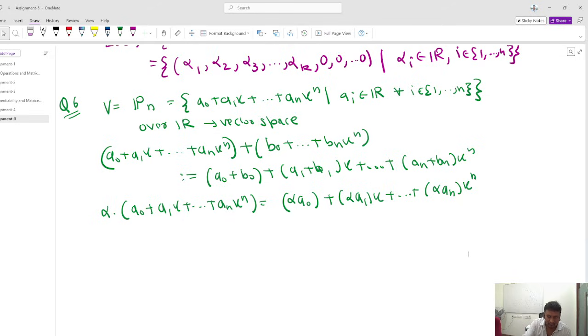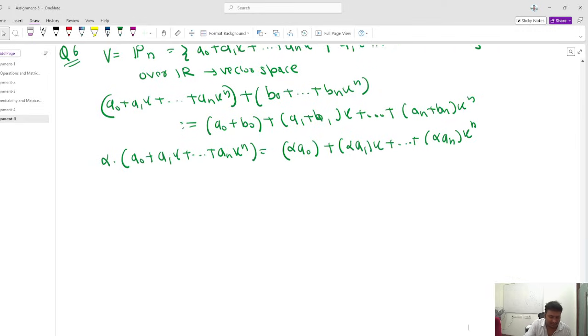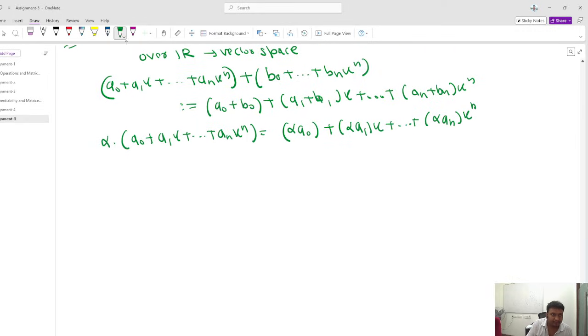Now, you have been asked to describe some things. First you have to describe the linear span of {1, x^2 + x + 1, x^3}, and then L({x^2 + 1, x^3}).